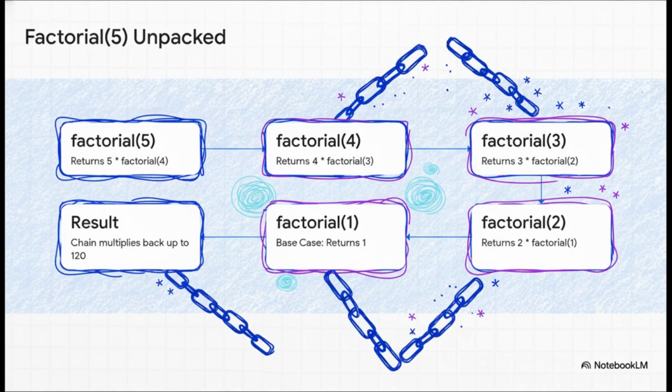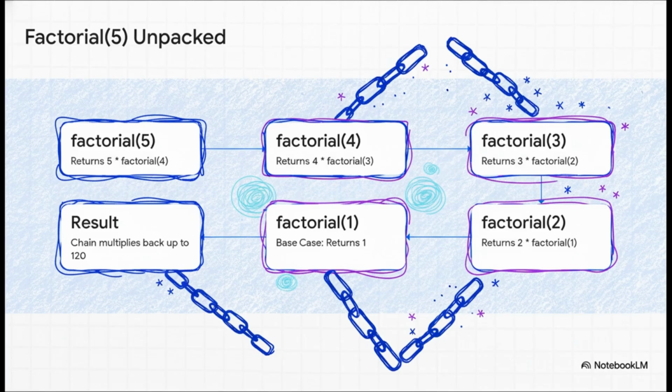So what this does is it creates this incredible chain reaction. Our first call to factorial of 5 doesn't give us an answer right away. No, instead it pauses and it calls factorial of 4. And that call pauses and calls factorial of 3. And this goes all the way down until factorial of 1 finally hits our base case and just returns 1.